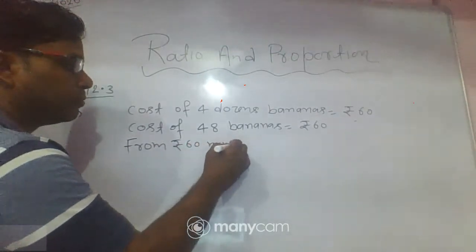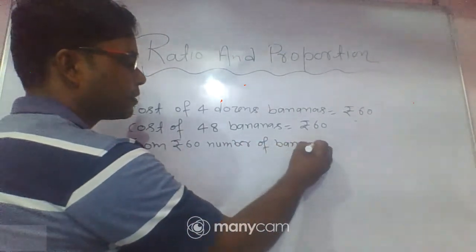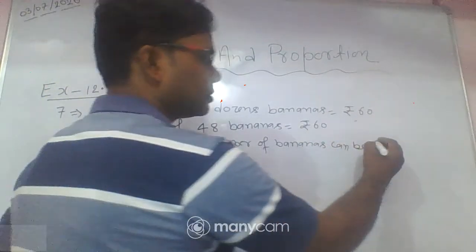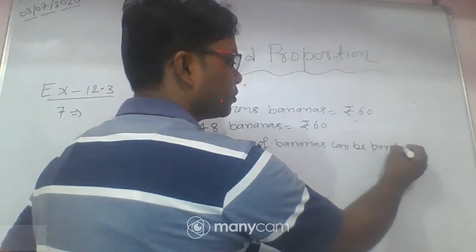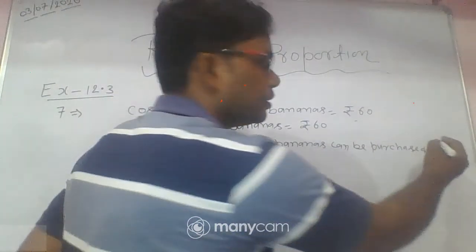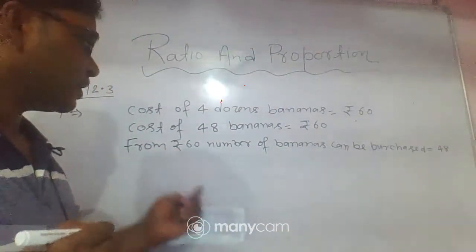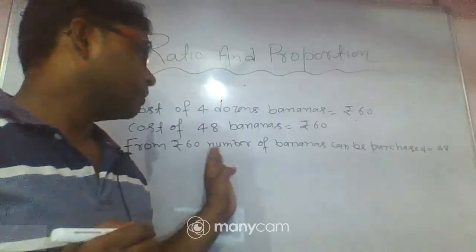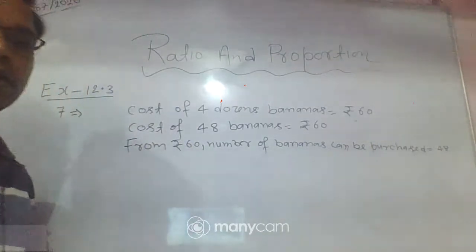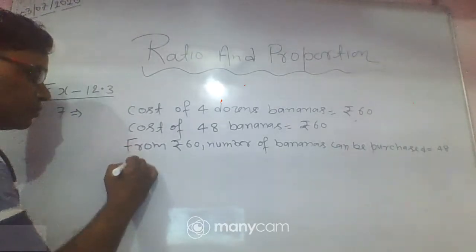So from 60 rupees, number of bananas that can be purchased is equal to 48. Okay, clear?